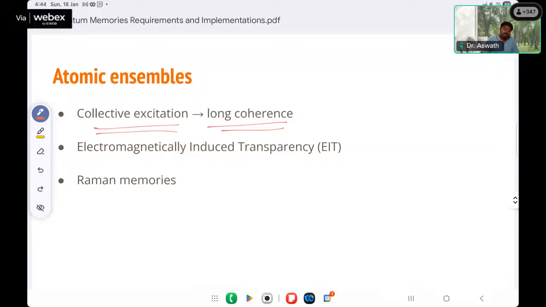There is a quantum optics based technique called electromagnetically induced transparency, EIT in short. Based on that, we can realize a quantum memory. There are also Raman memories, which are based on electron transition states. Using that, we can also realize a quantum memory.